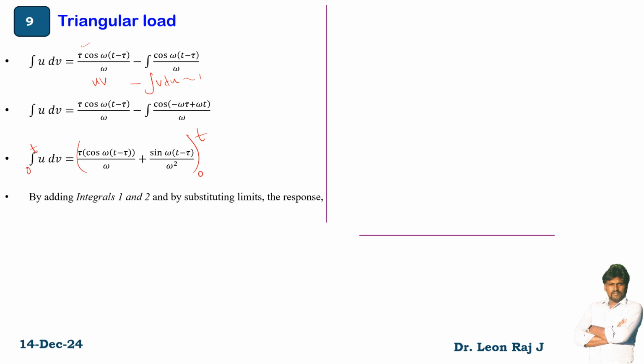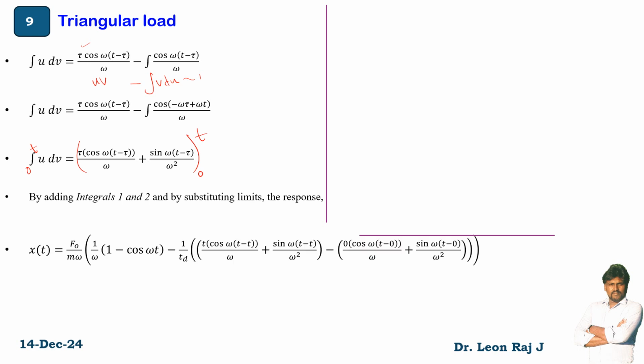By adding integrals 1 and 2 and by substituting the limits, you got the response. So tau is nothing but t. So t cos omega (t minus t), just substituting these limits, sin omega (t minus t) divided by omega square, minus 0 into cos omega t, minus 0 into sin omega (t minus 0).